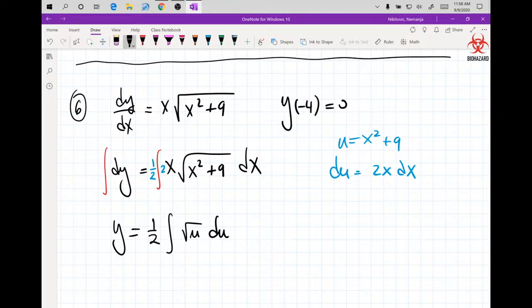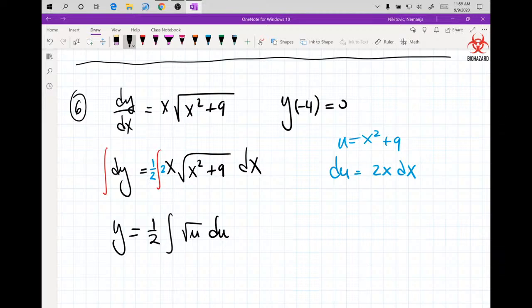So the mess under the square root became just u, because we defined it as u in a substitution on the right. And 2x dx together becomes du.